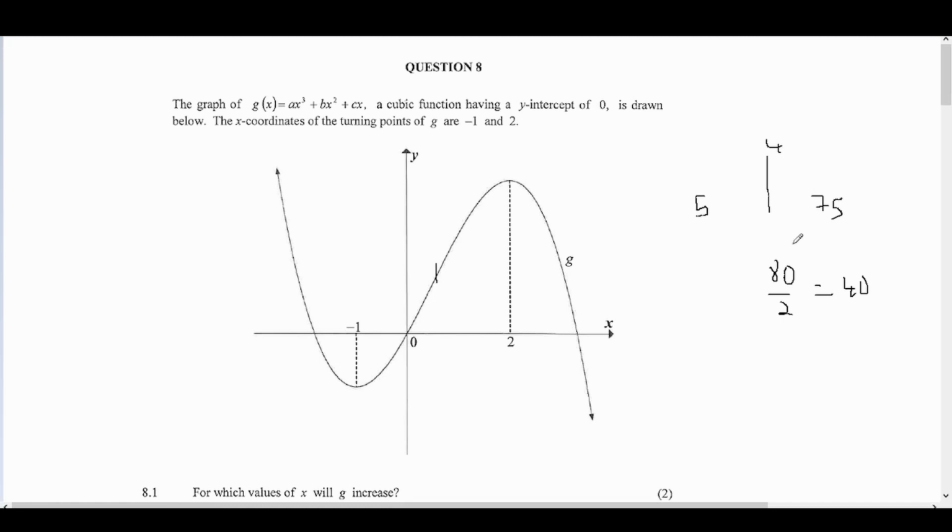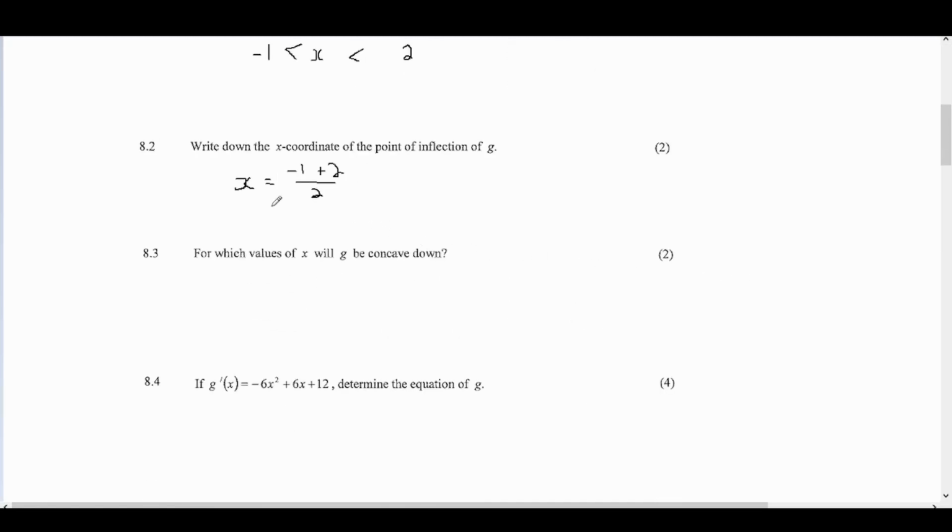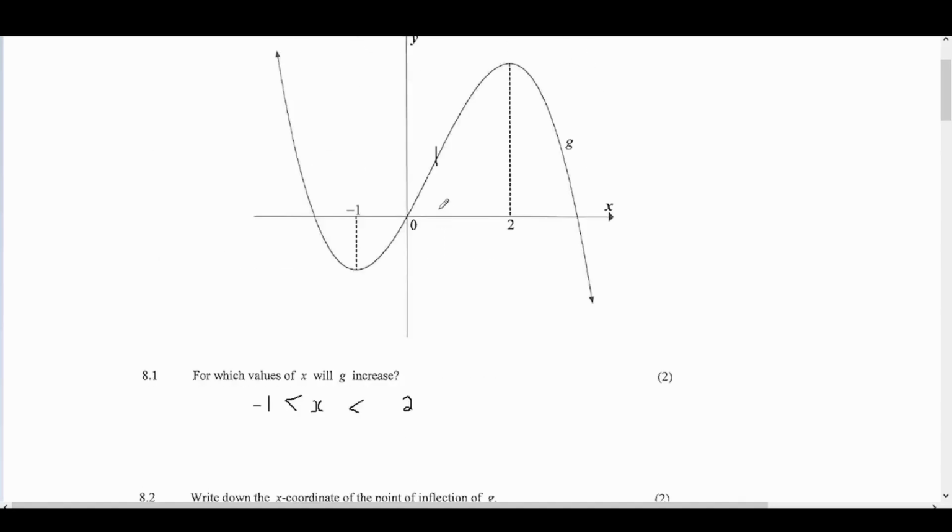Cool. Let's take that away. If we type this into our calculator, minus 1 plus 2 is 1, and this is a half, which fits our graph about perfectly. So this should be half over there.